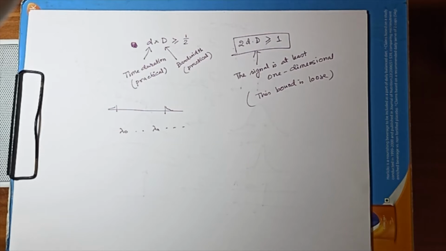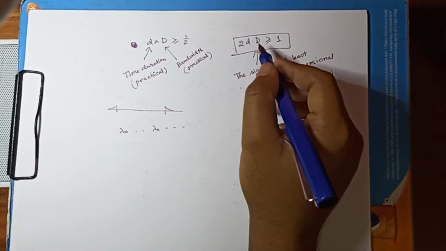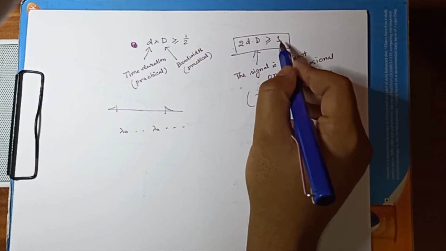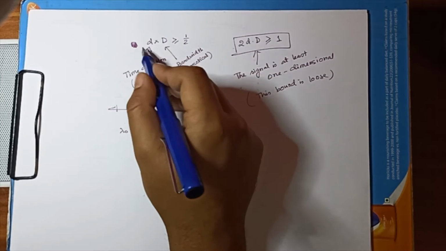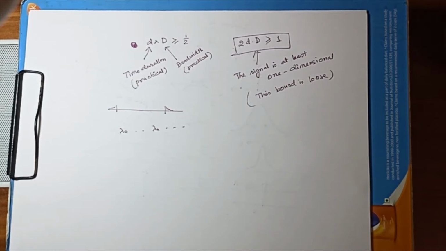Those results I'm not mentioning, because that will be too much for this course, but those results are much tighter, and it will have a larger value over which you are basically bounding the time duration and bandwidth.